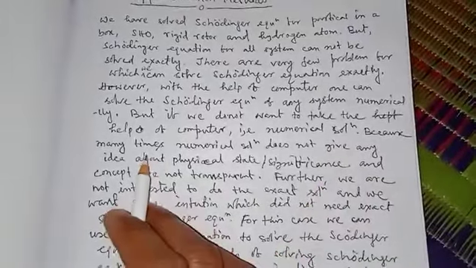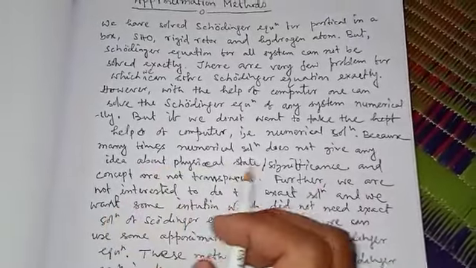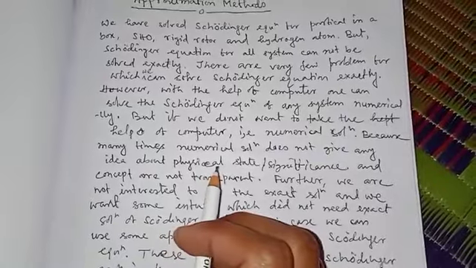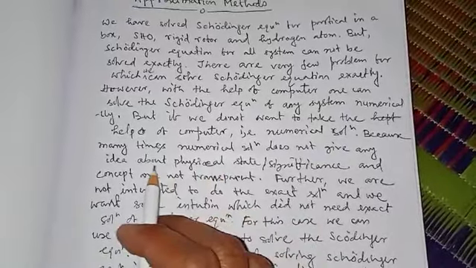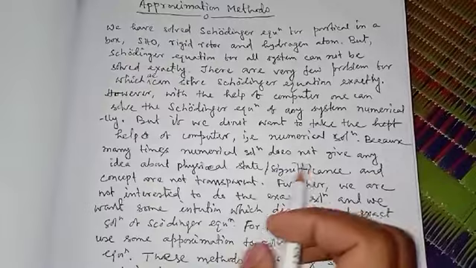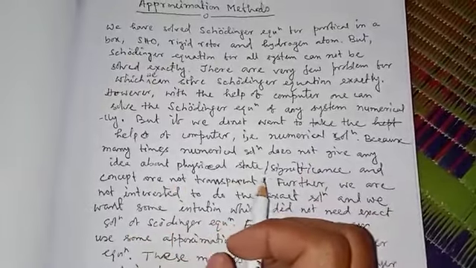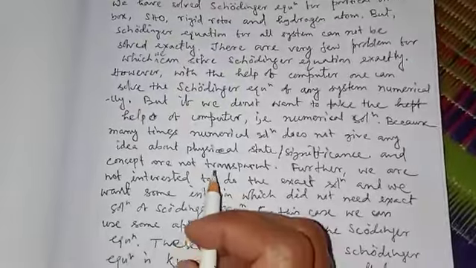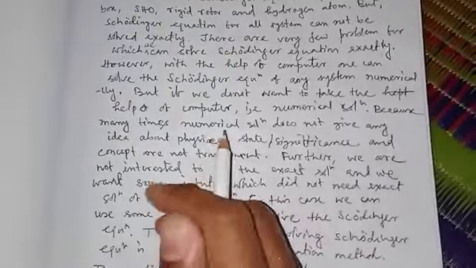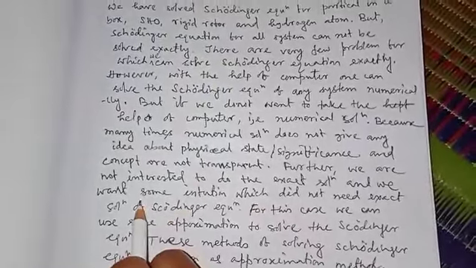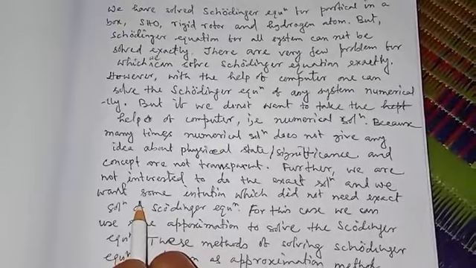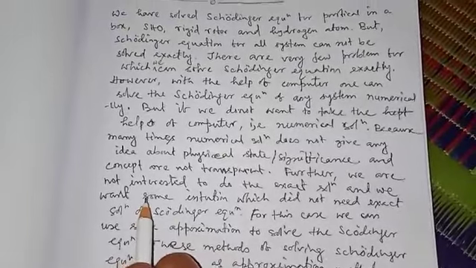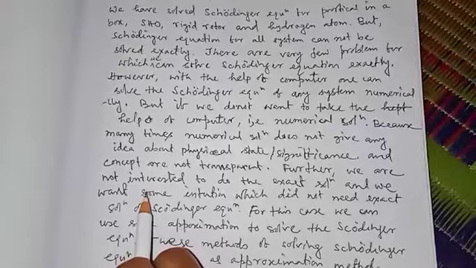And this numerical solution is not useful to a chemist, because it is not giving any idea about the physical significance, and concepts are not transparent from numerical solutions. So chemists are not interested in the exact solution of the complex system.